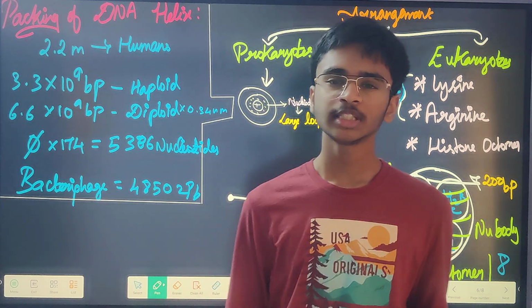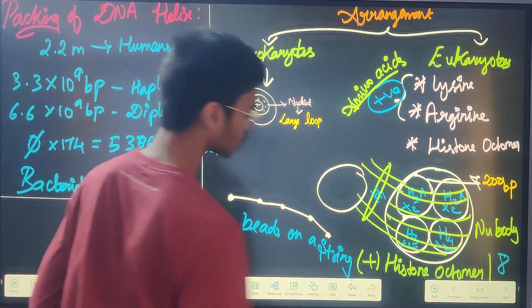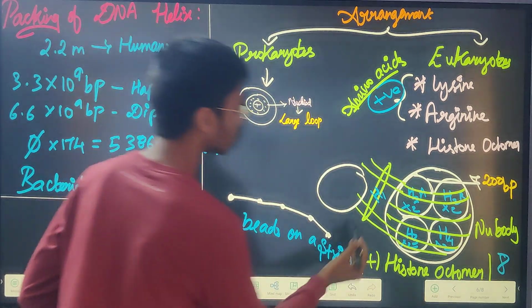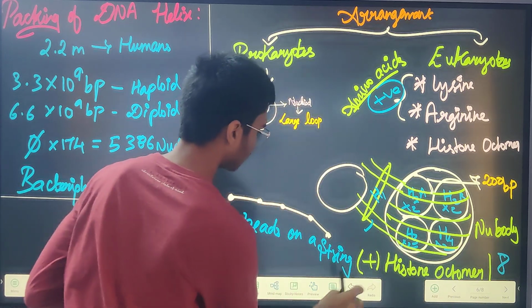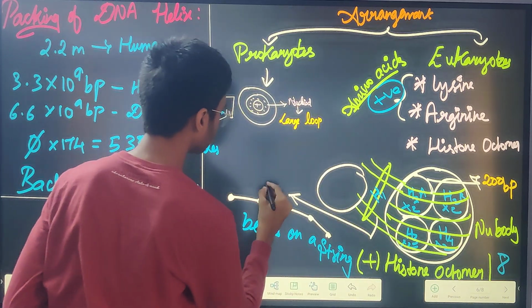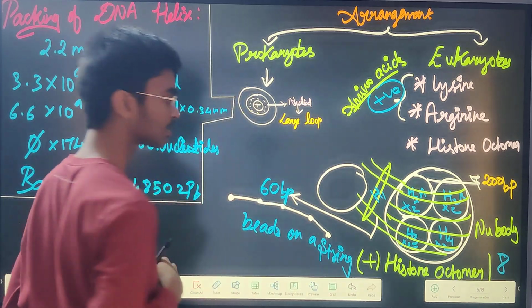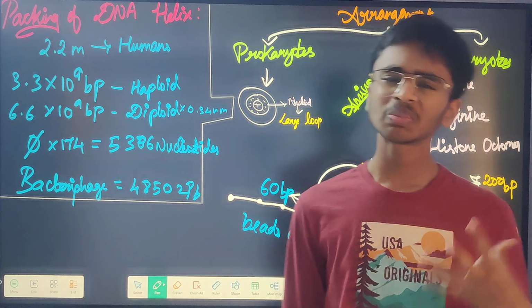These are the important concepts. Since the nucleosome, or histone octamer, is positive in nature, and the DNA is negative in nature, that is why it coils. The DNA which links this nucleosome and the next nucleosome will have around 60 base pairs. So these are the important concepts.